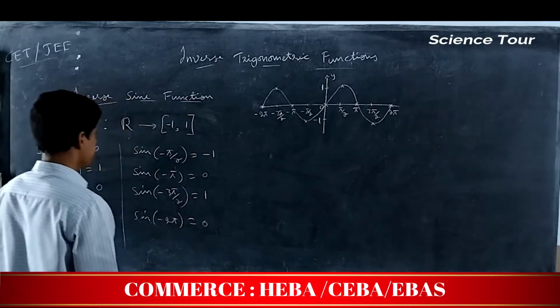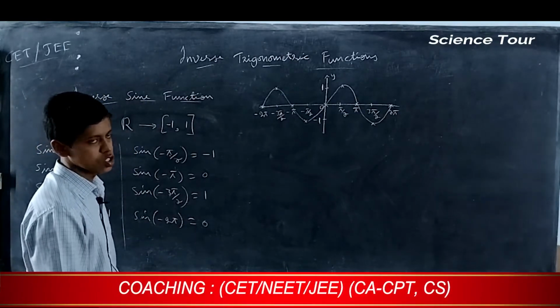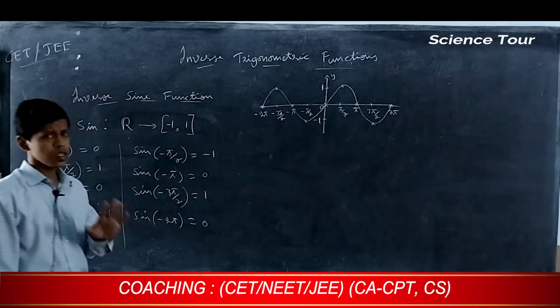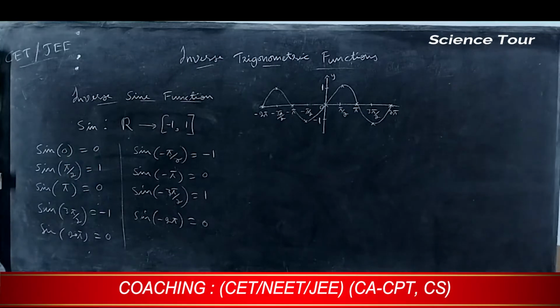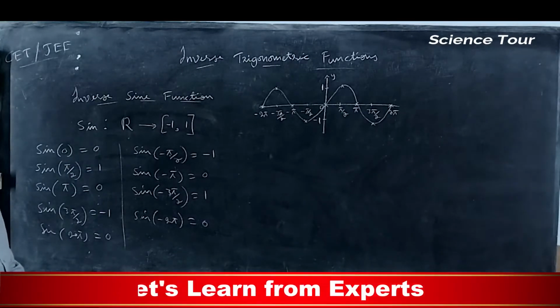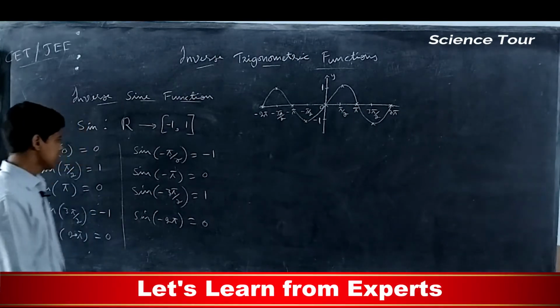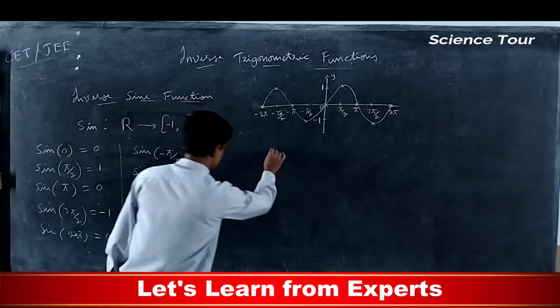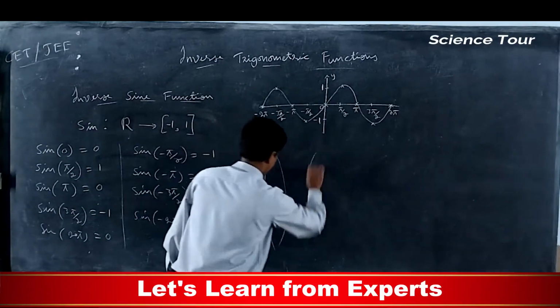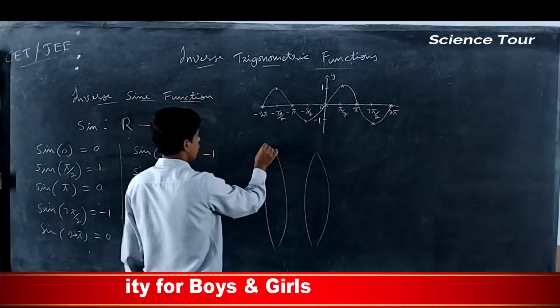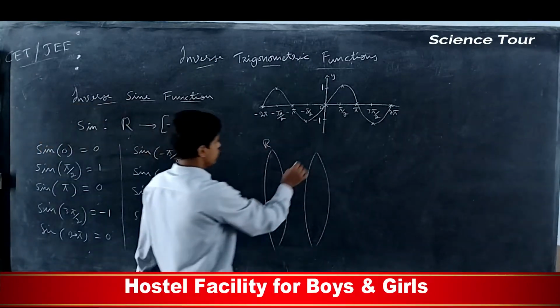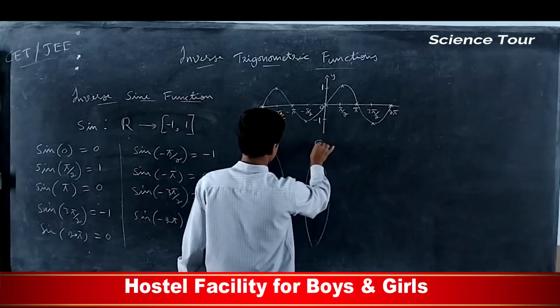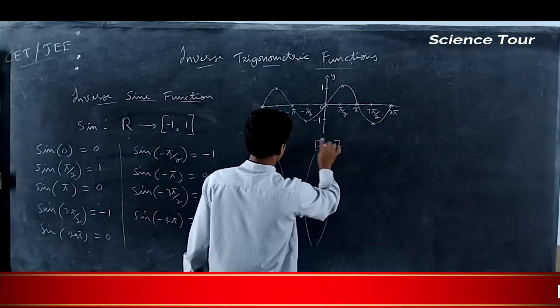Now understand, what about the inverse function? To have an inverse we must have a bijective function. Now tell me, is it bijective? It is not bijective because you have all the real numbers and you have the elements between -1 and 1 here.